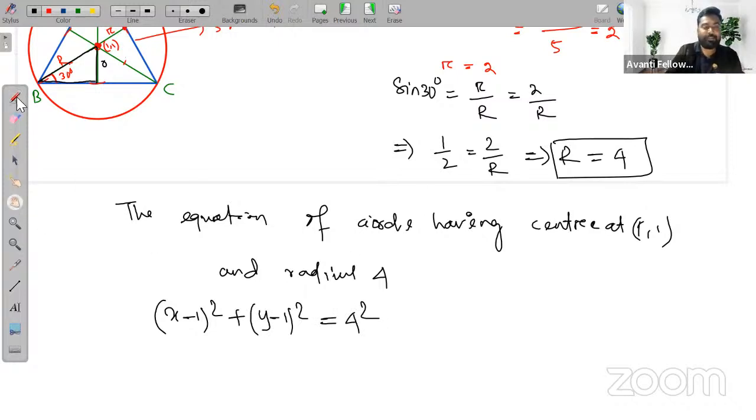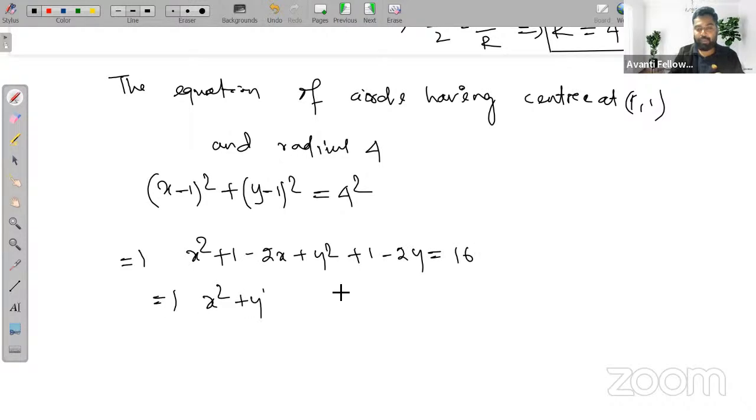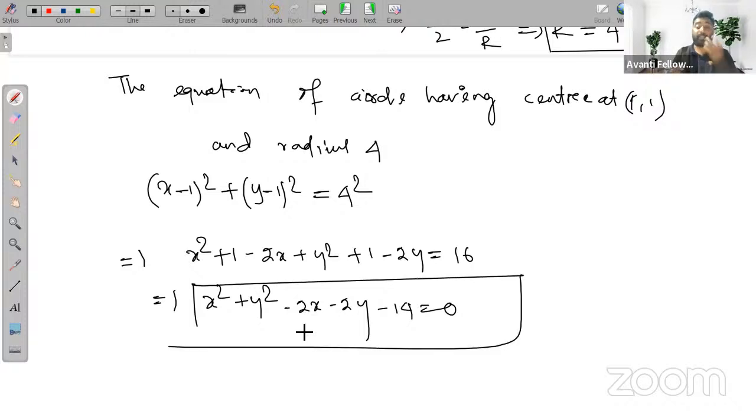Just open it. We get x^2 + 1 - 2x + y^2 + 1 - 2y = 16. So x^2 + y^2 - 2x - 2y + 2 - 16 = 0, that is x^2 + y^2 - 2x - 2y - 14 = 0. This is the required equation of the circumcircle.